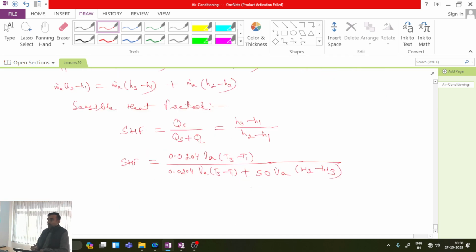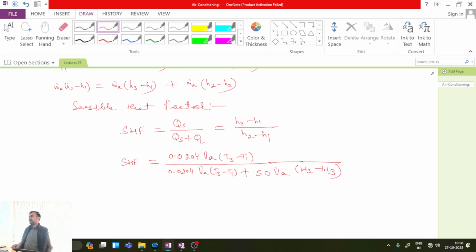Now do a little bit of algebraic manipulation. If you do algebraic manipulations, ultimately it will become the ratio of delta W by delta T. What is the delta W by delta T ratio? Slope, tan theta. So it means sensible heat factor is a function of the slope of the humidity by temperature line on the psychometric chart. Is this point clear?